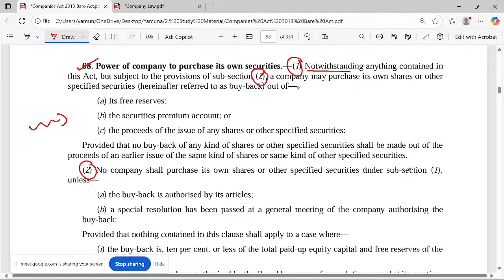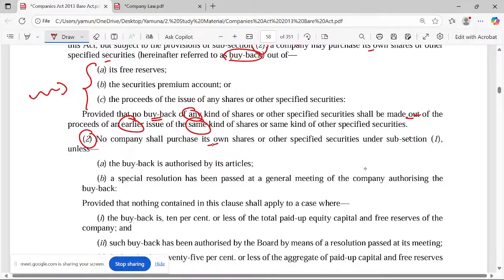A company may purchase its own shares or other specified securities, which you can call buyback, out of free reserves, securities premium account, and proceeds, provided no buyback of any kind of shares shall be made out of the proceeds of an earlier issue of the same kind. In the second subsection, it starts: no company shall purchase its own shares or other specified securities unless it is authorized by articles.